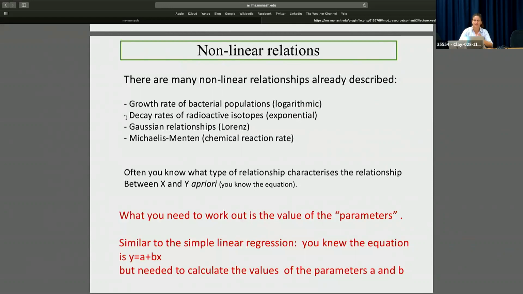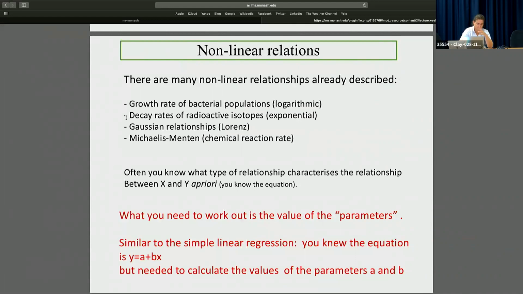If you work on radioactive isotopes, which a lot of us do because we use them for dating materials, so if we want to know how old a rock is, or how old a soil profile is, how old is a fossil, we can use radioactive isotopes that slowly lose some of one of the isotopes, and we can look at the decay rate.